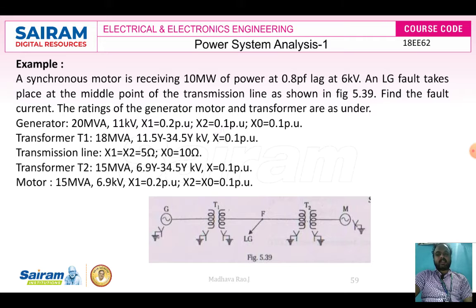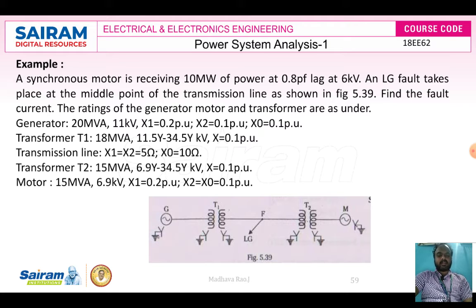The ratings of the generator, motor and transformer are as under: generator 20 MVA, 11 kilovolt, x1 is equal to 0.2 per unit, x2 is equal to 0.1 per unit, x0 is equal to 0.1 per unit.